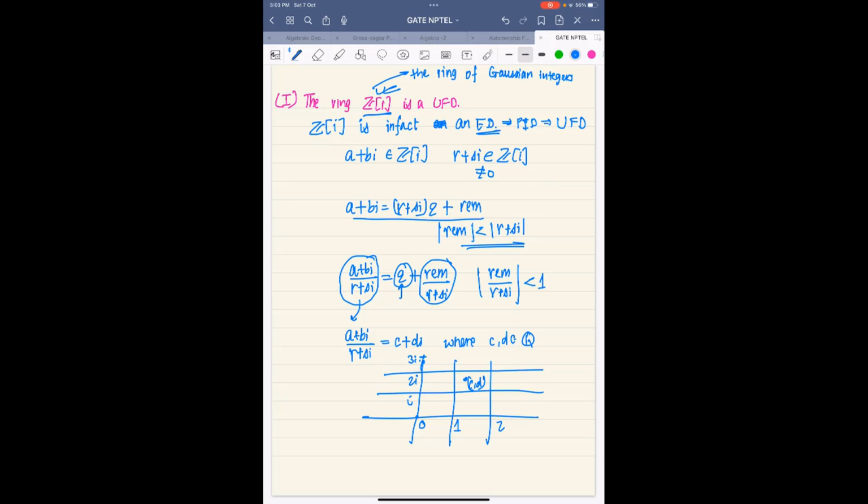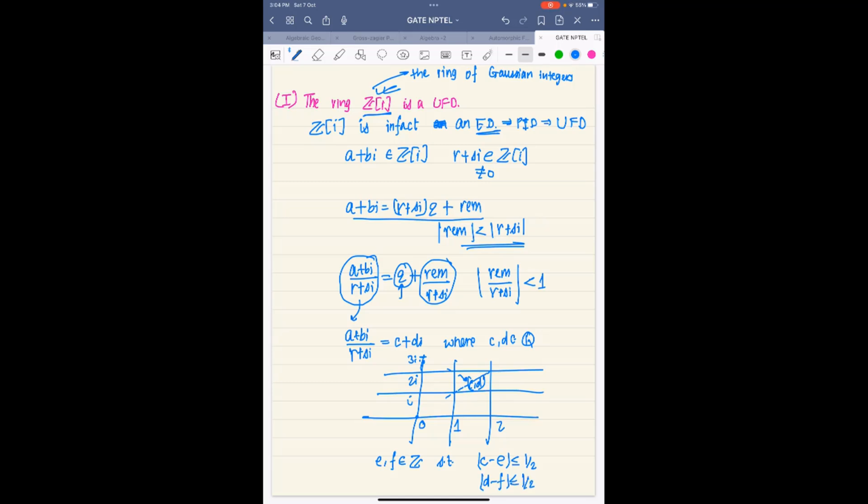So let's choose integers E, F such that |C minus E| is at most half and |D minus F| is at most half.